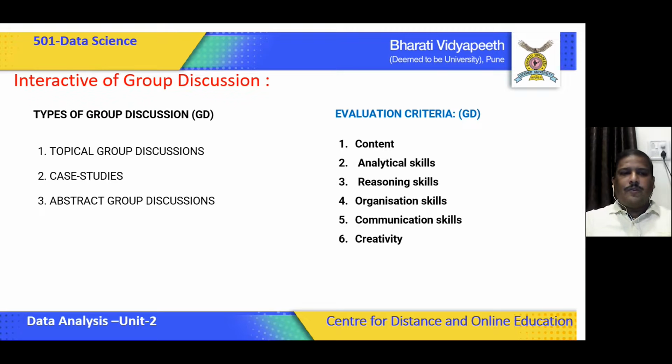In topical group discussions the topic is already decided. For example, after this COVID pandemic, the impact on the Indian economy. The topic is already given, and based on it you can discuss.